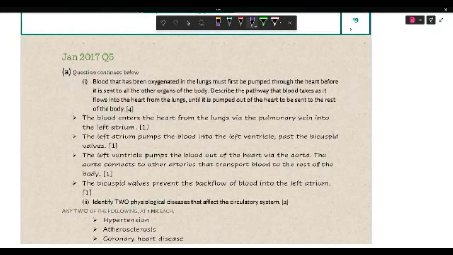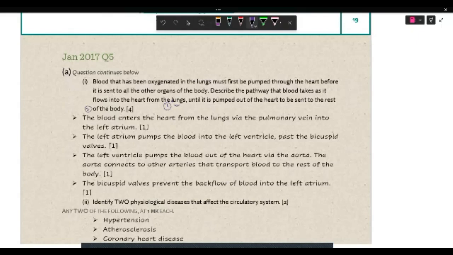So note that you want to take note where you start. So you're starting from the lungs, flowing from the lungs, and then sent to the rest of the body. Okay, so already you're going to be looking at what vein is bringing blood to the heart, and then we go on from there, right?